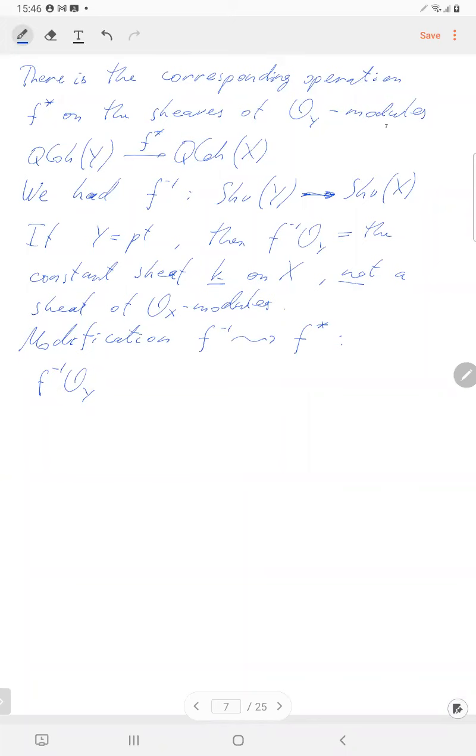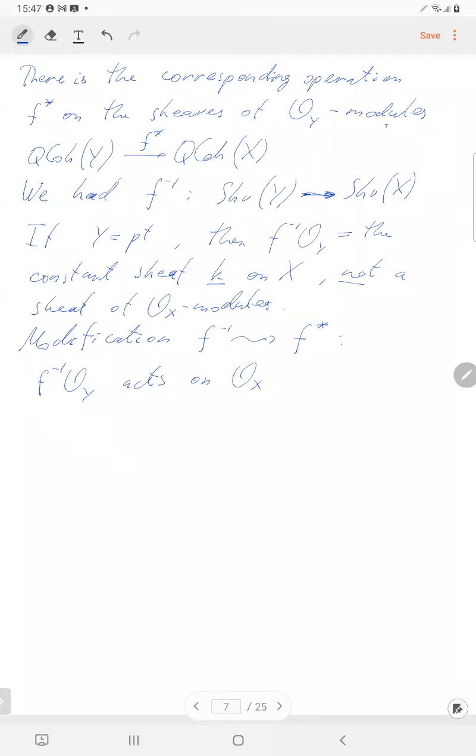It's too constant, but still it acts on the interesting structure sheaf on X, on OX. Right, because OX is the sheaf of all regular functions on X, and now the pullback F inverse OY is the sheaf of functions that are constant along the fibers. These are not very interesting functions, but still among all the interesting functions there are such not very interesting functions, and they act on everything.